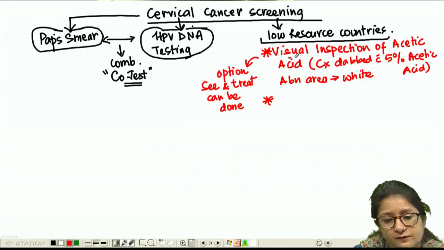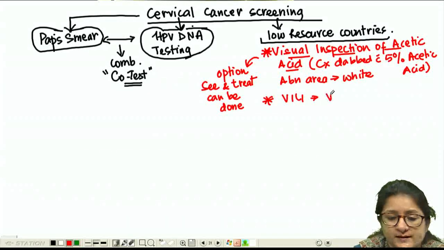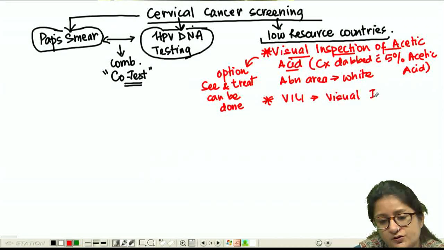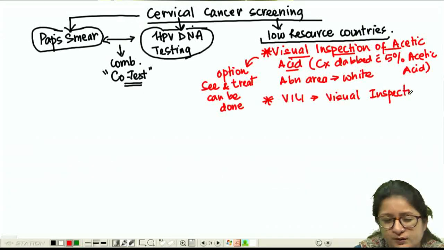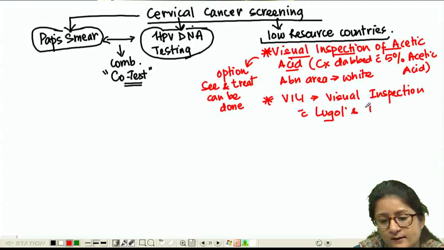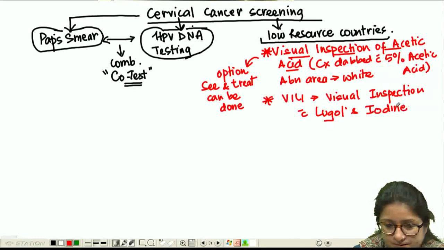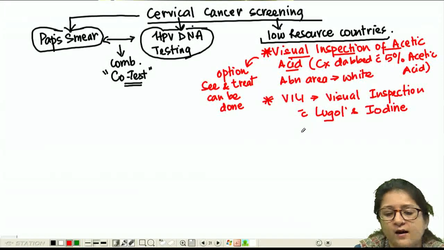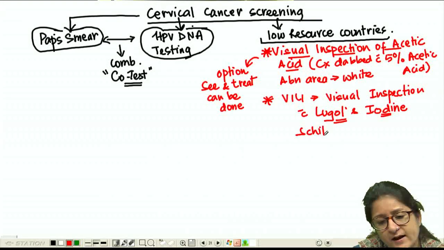Another test for screening is the VILI, which is visual inspection with Lugol's iodine. In this we are using Lugol's iodine, also called Schiller's iodine.